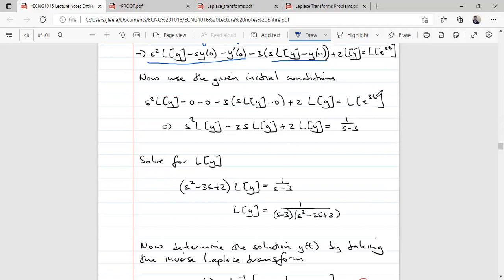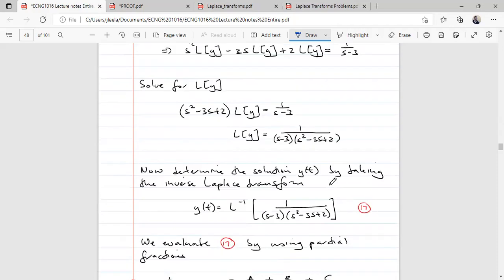And the Laplace of e to the 3t we know is 1 over s minus 3, right? So therefore the Laplace of y will be 1 over s minus 3 times s squared minus 3s plus 2, right? So now we want to evaluate the Laplace inverse of this function here on the right.